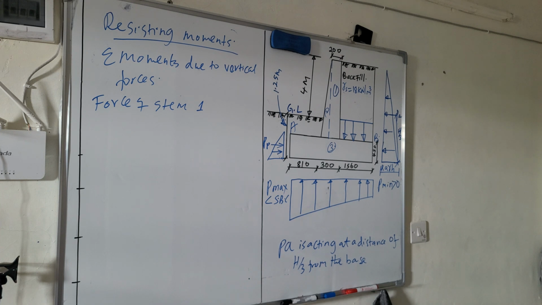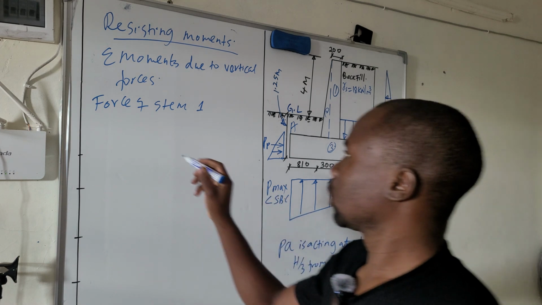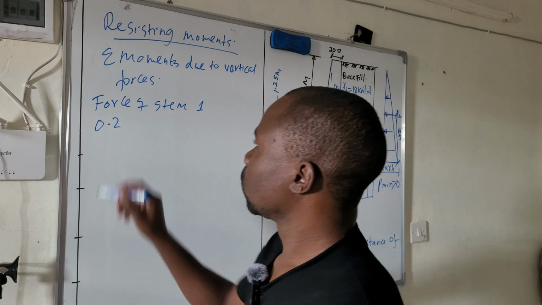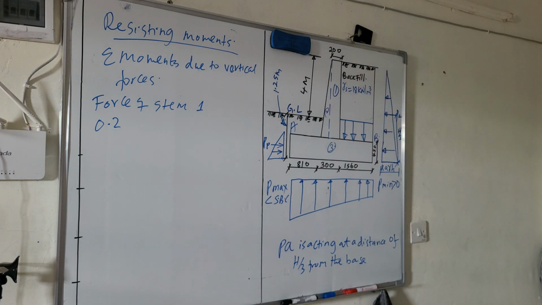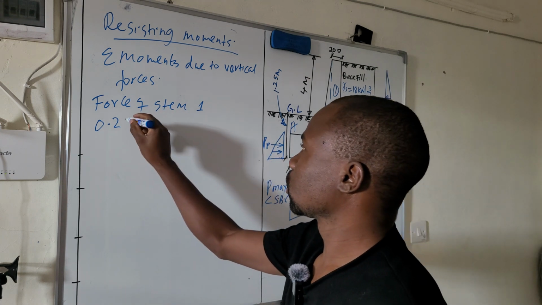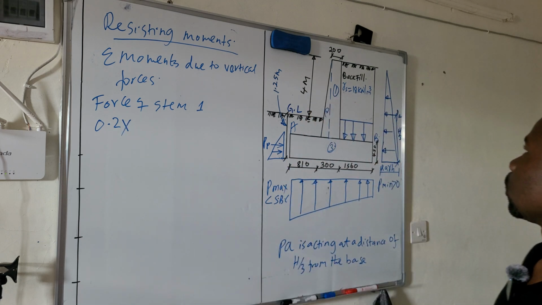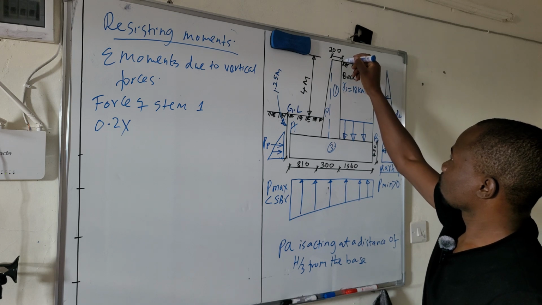So the force of stem 1 will be the area of this rectangle, which is 0.2. You change it from millimeters to meters by dividing 200 by 1000. So 0.2 times the length, which is from here to here.